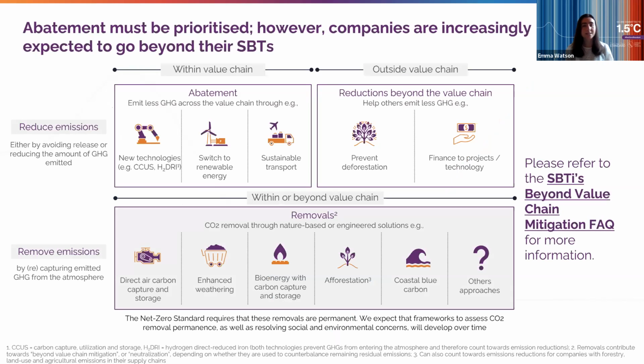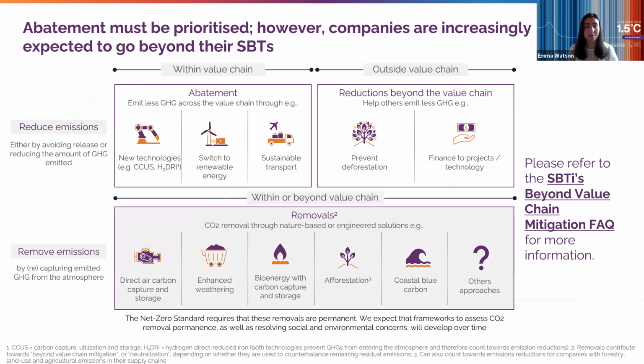So this slide essentially shows some examples of the different actions that a company could take that would fit within these different buckets. This slide is split into actions that reduce emissions and actions that remove emissions. Going back to the emission reductions, so abatement, it happens within the value chain.